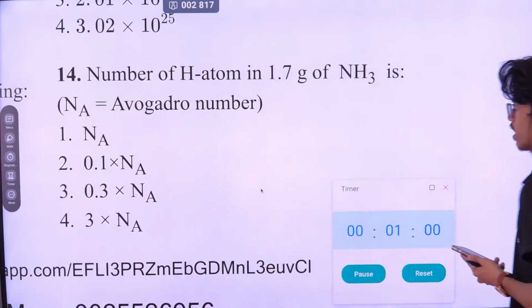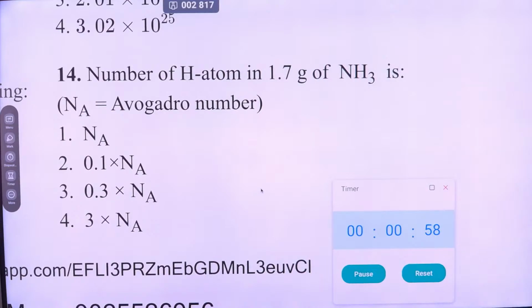Okay, start. Number of hydrogen atoms in 1.7 gram of ammonia, it's very easy.